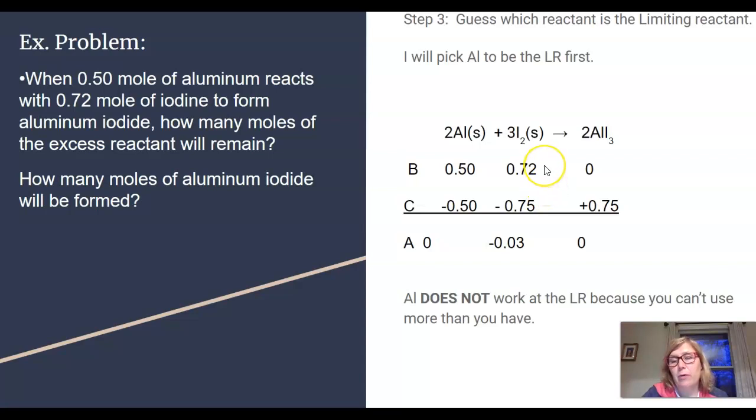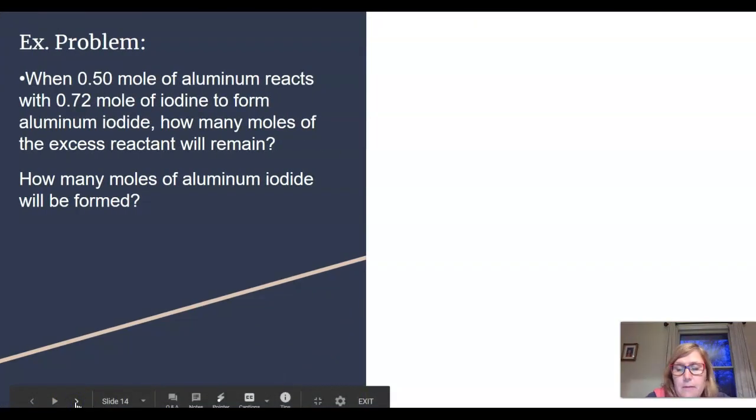I only have 0.72. So it doesn't work out that aluminum would be my limiting reactant because I have a negative 0.03 in my after line and there's no negatives. It has to be 0 or excess over on the reactant side. It cannot be a negative number. So Al does not work as your limiting reactant. So I'm going to show you how it does work.